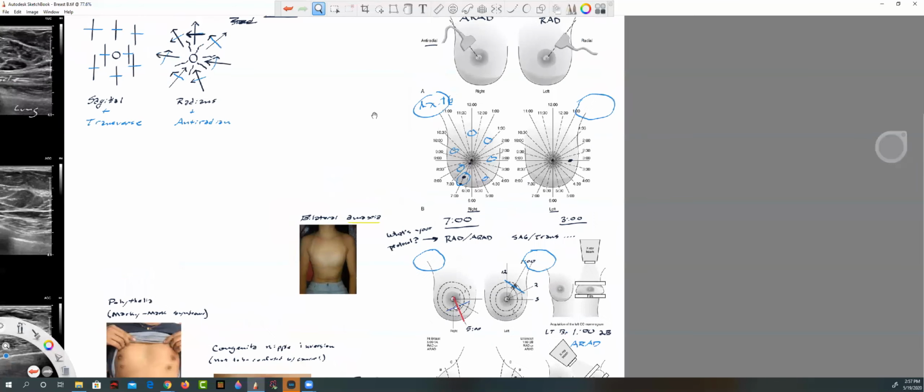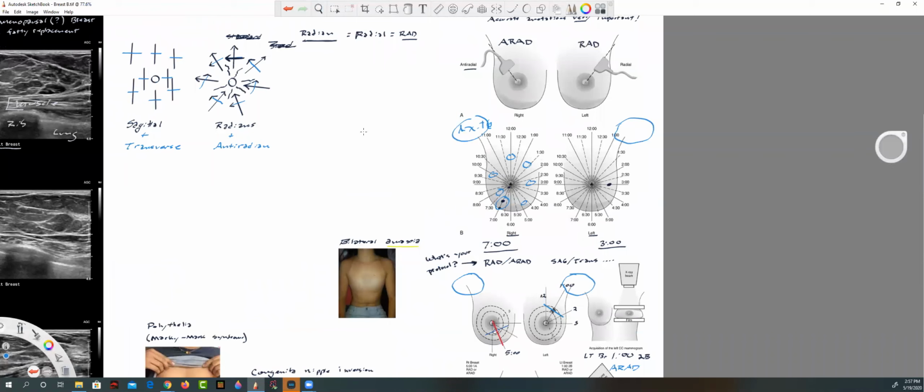Let me quickly tell you, if you don't use 1, 2, 3, A, B, C, then what do you use? You use depth and centimeters from nipple.